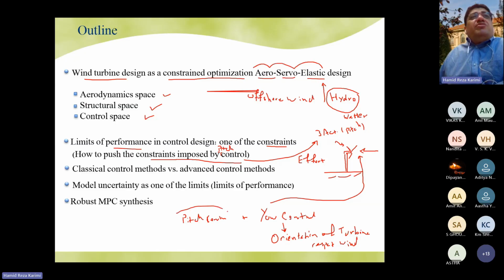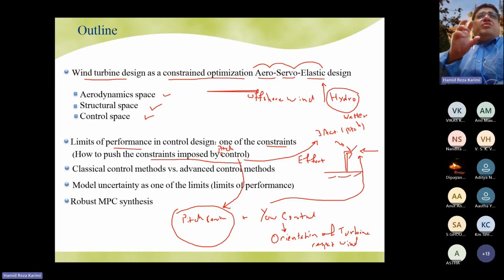But the pitch control is the typical control regulation. When we talk about the performance analysis, we talk about the pitch control, but you need to remember that if you talk about wind turbine control, both the pitch control and the yaw control should be considered.